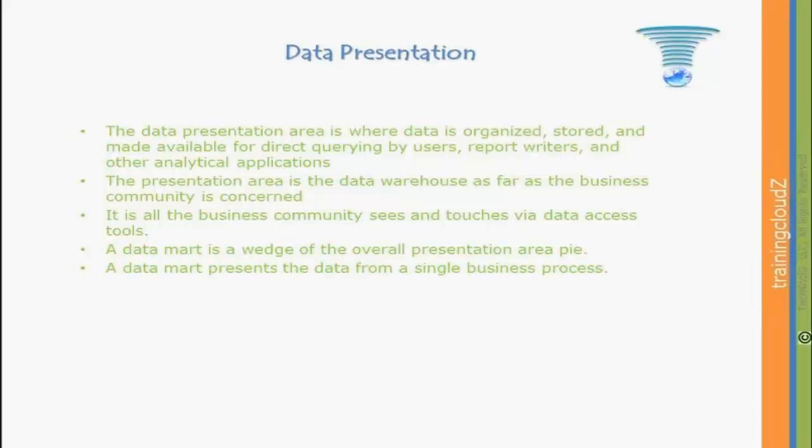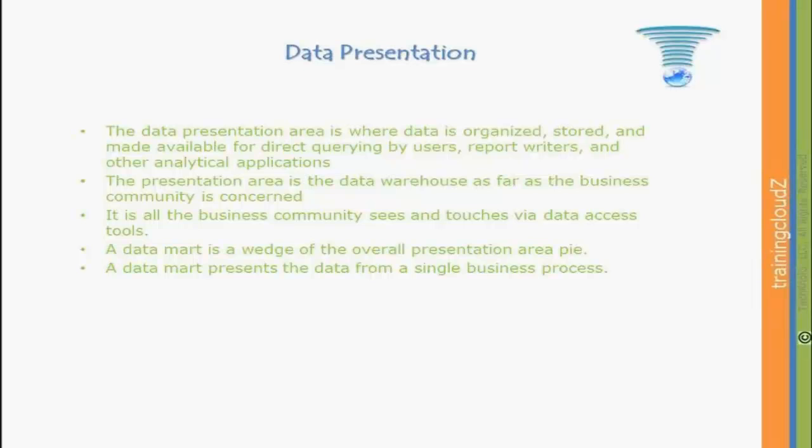The data mart presents the data from a single business process. A data mart is a subject-oriented database, so it cannot answer for all the business. For example, you have a business where you produce goods, like let us take our own example of Priya Pickles. Priya Pickles is, we can say, three different businesses. One is the production of it. The second is marketing and sales. The third is, you can say, the advertising or HR department, which has to manage all the sales and marketing and the manufacturing.